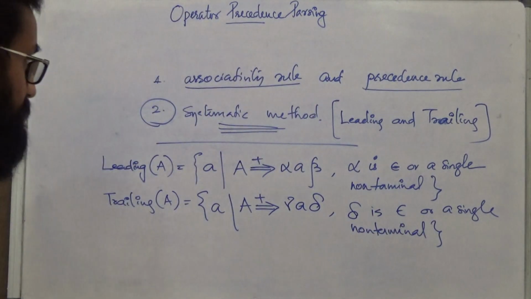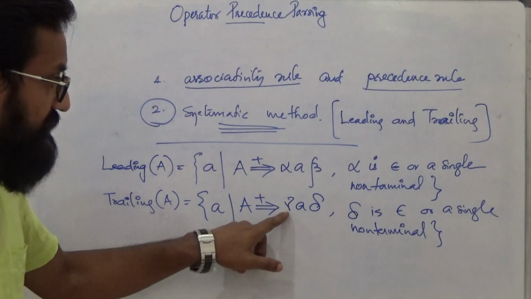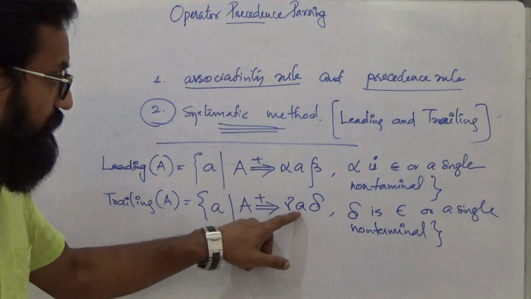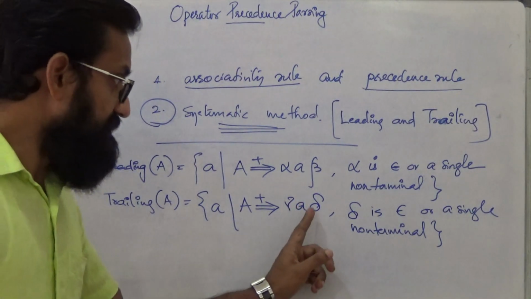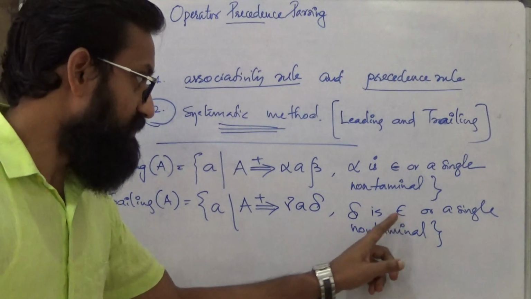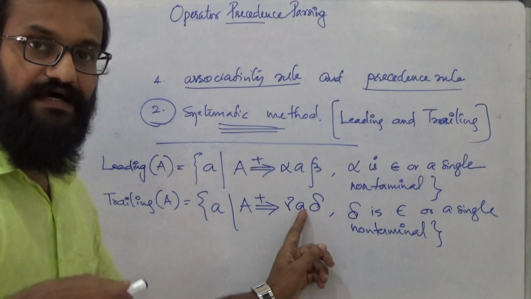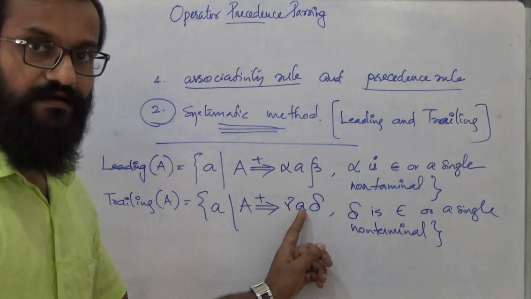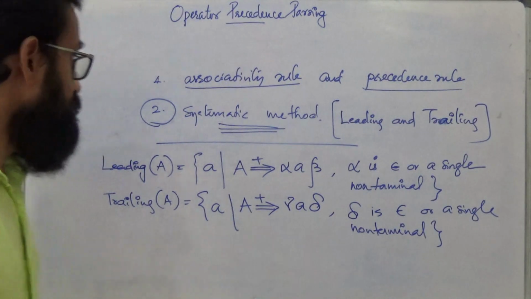That is, starting from A, by applying one or more productions, I can derive a sentential form gamma a delta. So this delta could be epsilon or a single non-terminal, indicating that a is the last terminal symbol in the sentential form that is derivable from capital A.